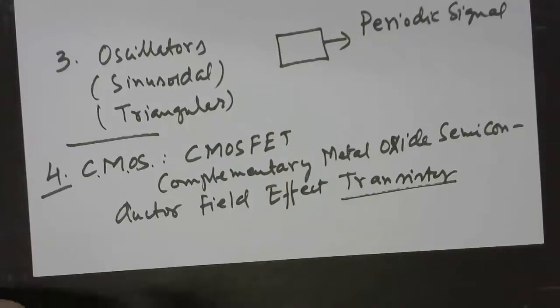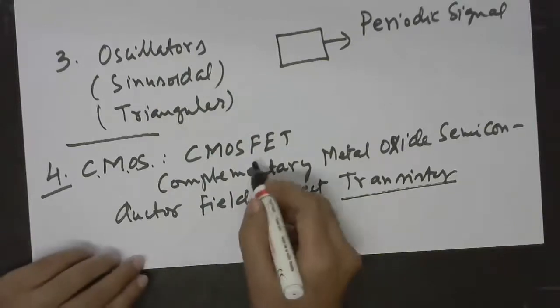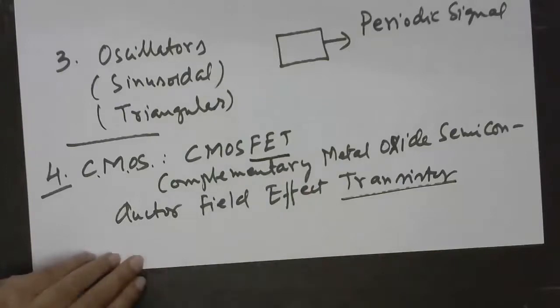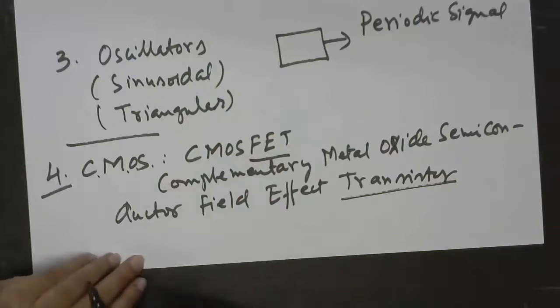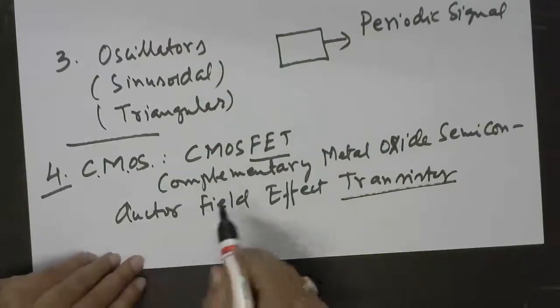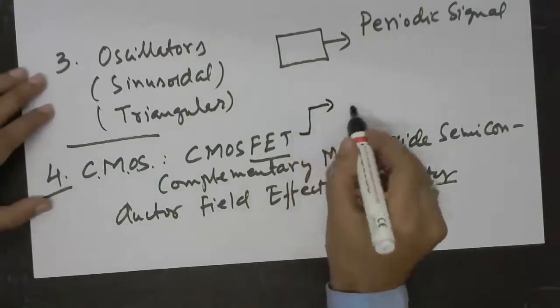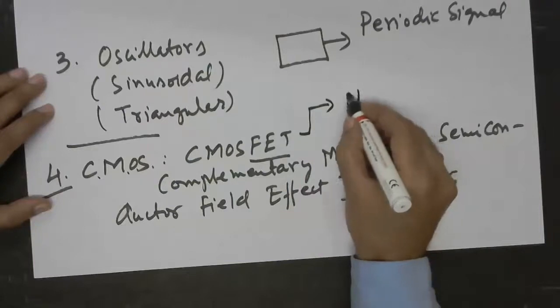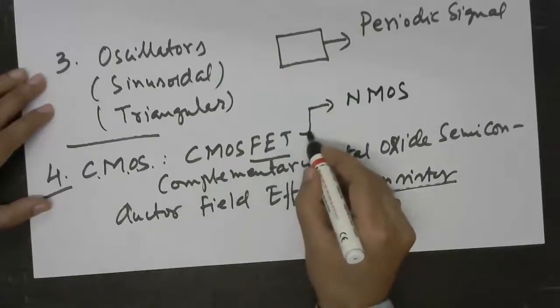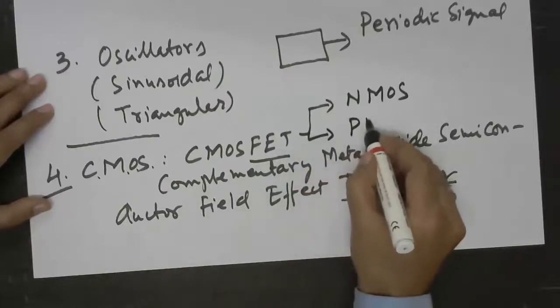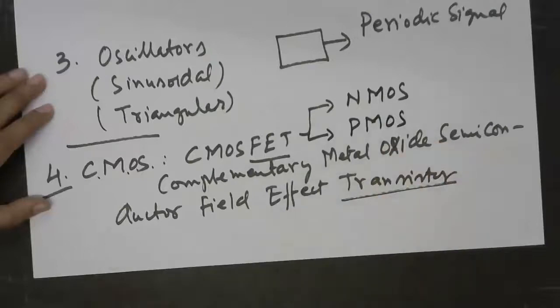But the key distinction between CMOS, or in short FET, and BJT is that BJT actually uses both electron and hole at the same time for its functionality. But FET uses either only hole or only electron. So there are two versions of this device. One will use only electron, so they are called NMOS in short, and another device will use only holes for conduction, and they are called PMOS.